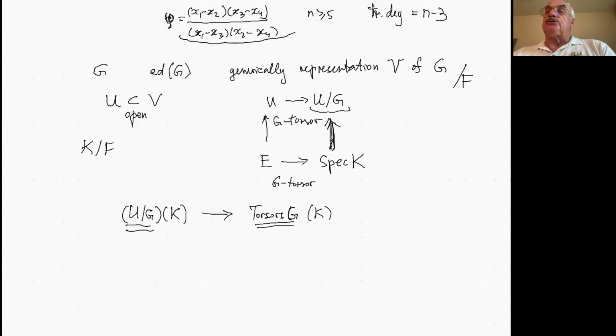The torsor U over U mod G is the so-called versal torsor. Every other torsor is a pullback of the versal torsor.